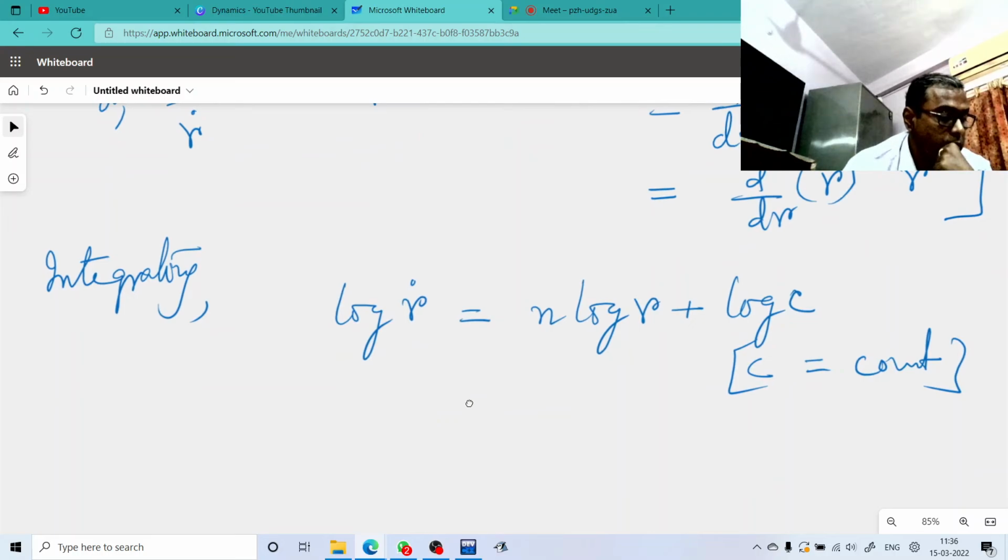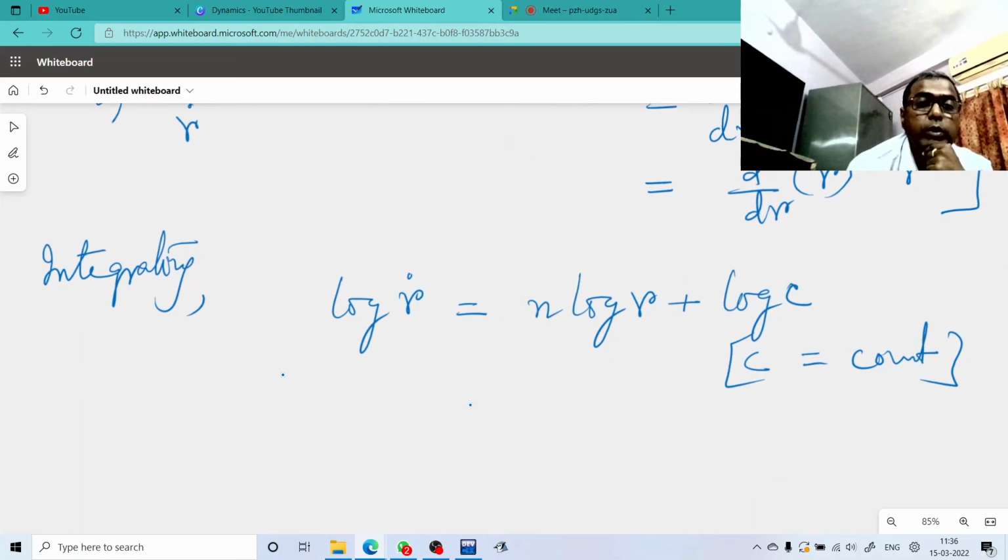So r dot equal to c into r to the power n, where c is obviously a positive constant greater than 0.